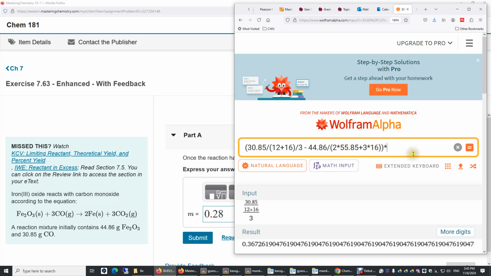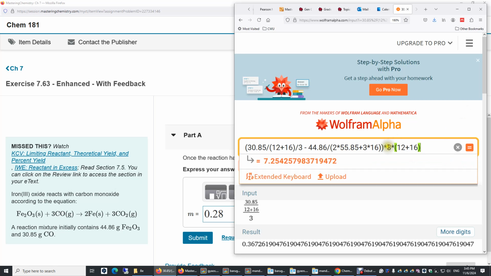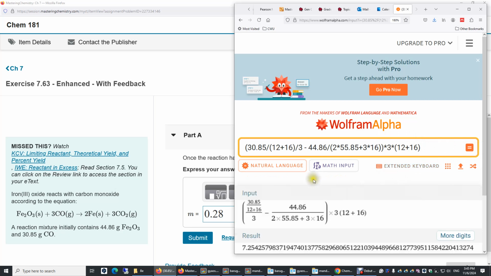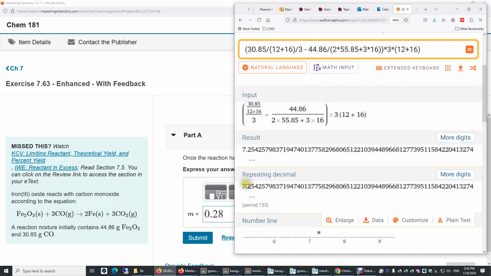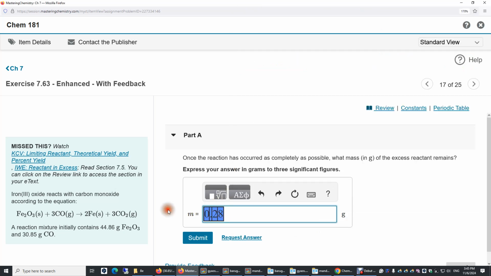And what's the molar mass of this? If you have C3O3, the molar mass is 12 plus 16, times 3. And now I should be able to get the final answer, which is 7.25 grams. 7.25 grams, and submit.